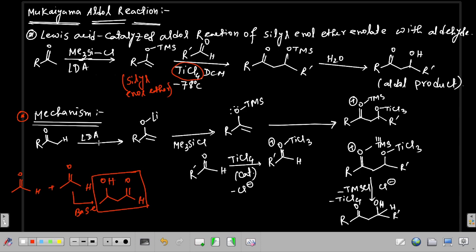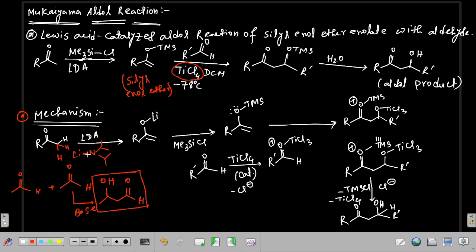We have this ketone, and we have LDA, that is lithium diisopropylamide.